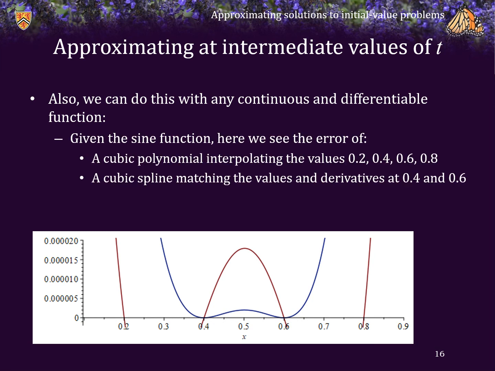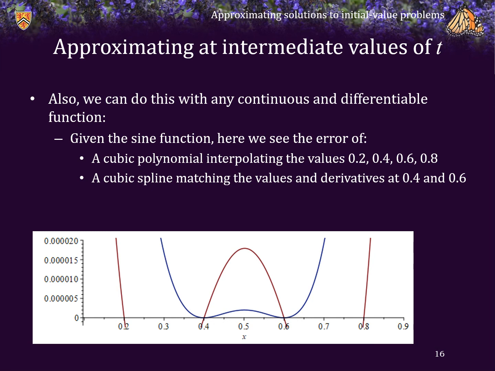Let's suppose that we have the sine function, and we're going to first interpolate the sine function at 4 values, 0.2, 0.4, 0.6, 0.8, and we will see how close the interpolating polynomial is to the actual sine function.